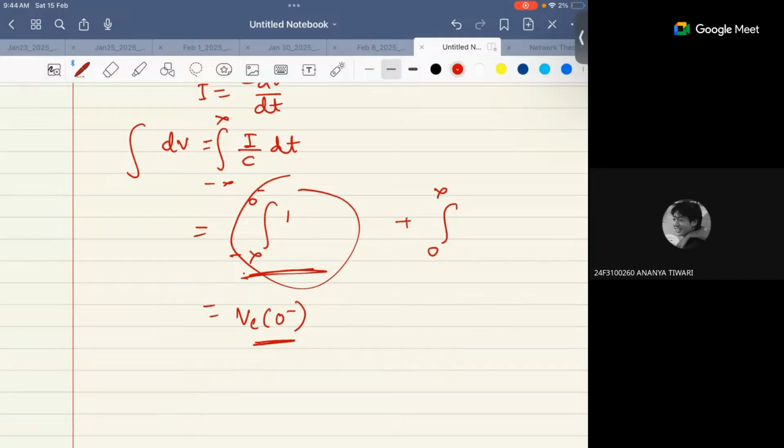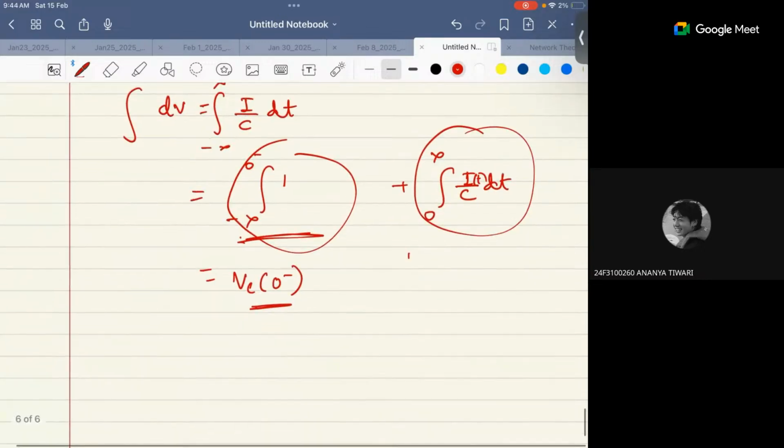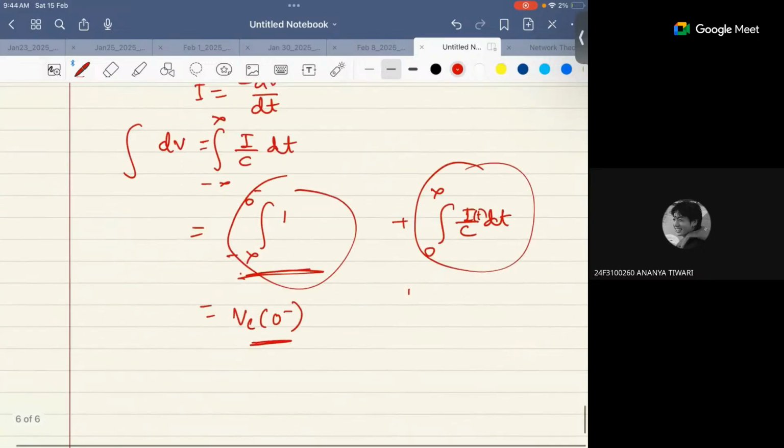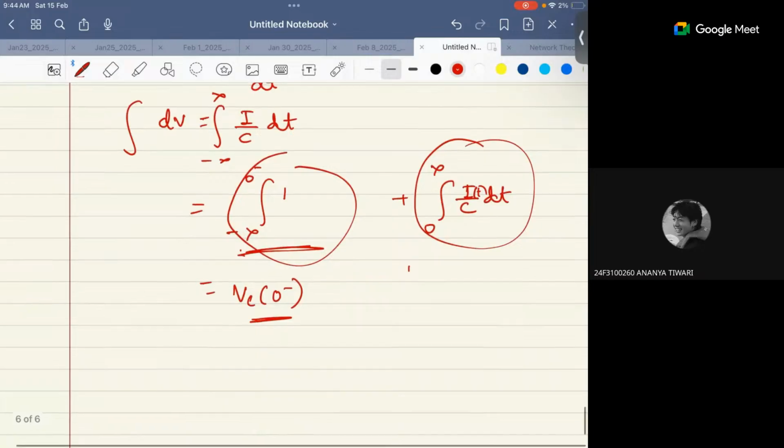And then the other part will be what? This is I upon C dt, from 0 to infinity. Now this is V, and if you want to write it in the form of a Laplace transform, how do you write?